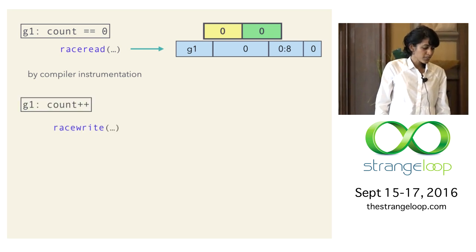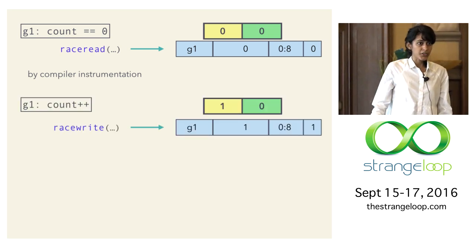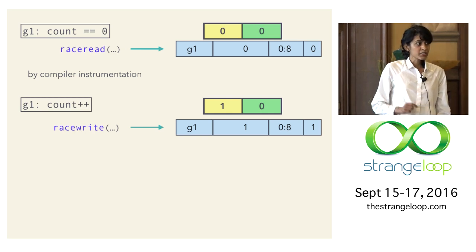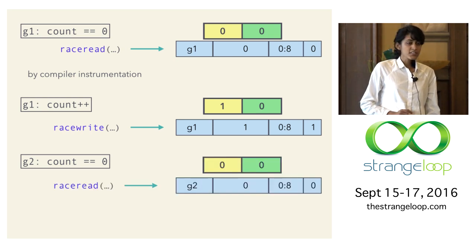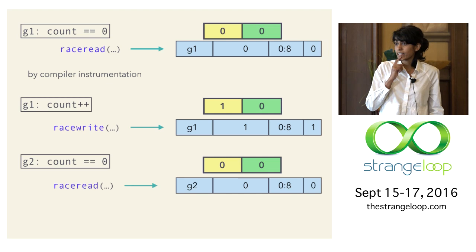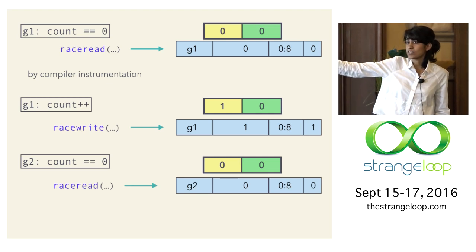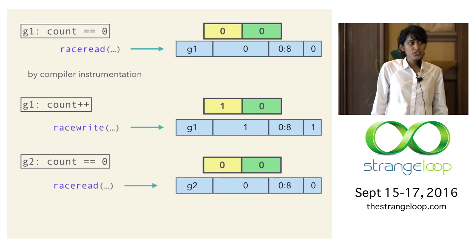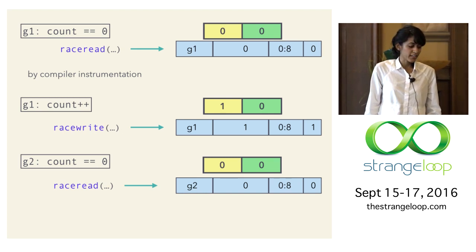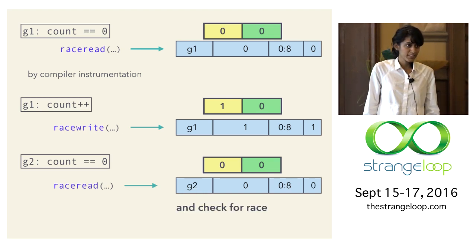Now at the count, there is another shadow word created that looks like this. And here's where it gets interesting. G2 comes along, and G2 performs a read. And this is what its shadow word looks like, right? There's G2, 0, 0, 8, and 0. At this point, TSAN's going to check if there's a race.